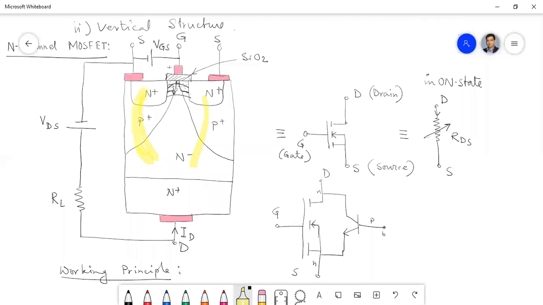Now this N, the drain N substrate, is basically the collector of the bipolar junction transistor. And this N substrate is basically the emitter of the bipolar junction transistor. And the base of the transistor is the P substrate. Now, what is the problem here?